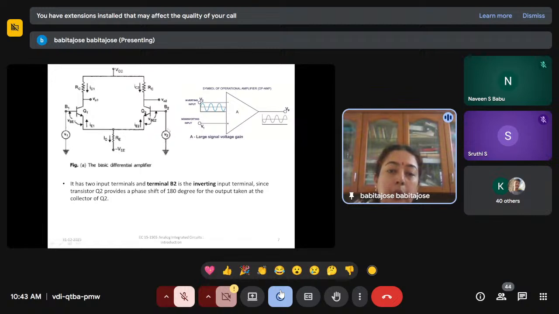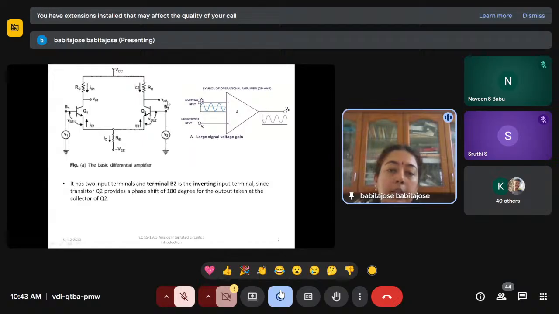So the input V2 will be the inverting terminal, since the transistor Q2 provides a phase shift of 180 degrees for the output taken at the collector of Q2.